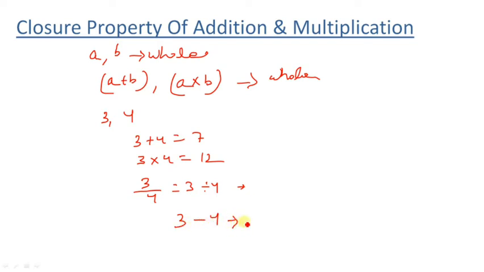In further classes you will learn that this is minus 1. But this is not a whole number. So closure property is obeyed by addition and multiplication of whole numbers. Basically closure property means if there are two whole numbers, then their addition and their multiplication will also give the result as a whole number.